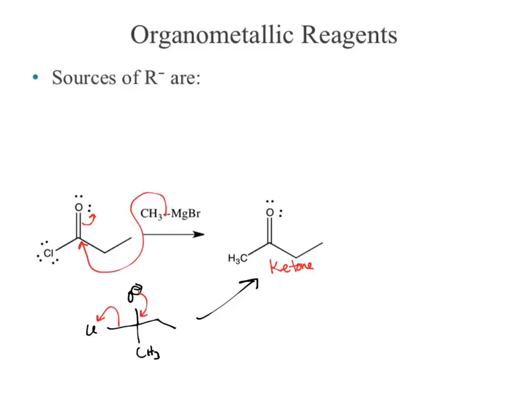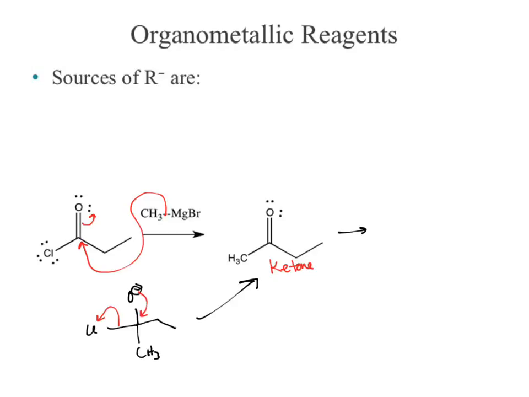Is this what I would expect to get as the product? Why does it keep reacting? Yes, the ketone still has an electrophilic carbon. Is it electrophilic enough to react with a Grignard reagent? Yes. That's what Unit 2 was all about. And what ends up happening?